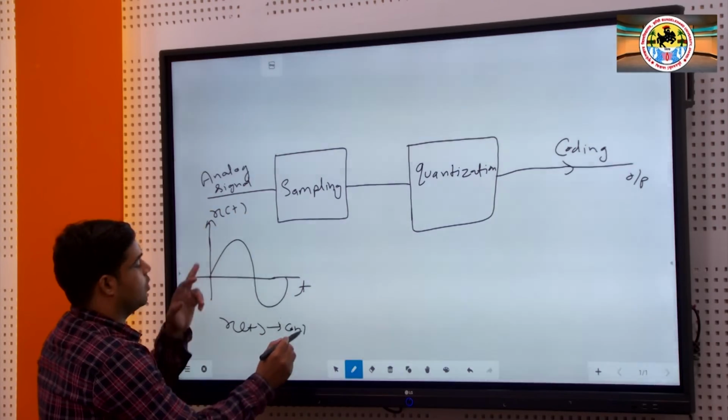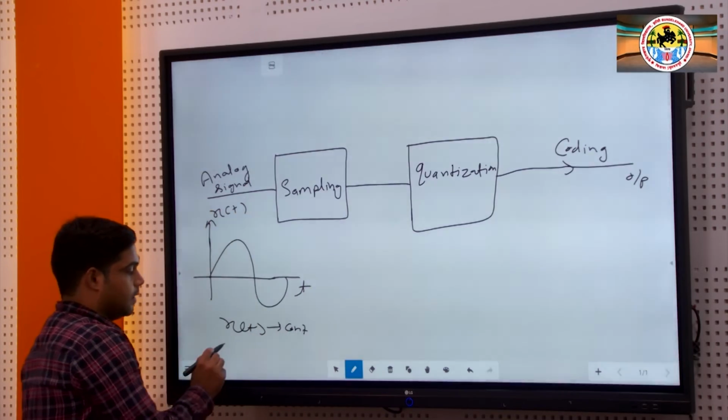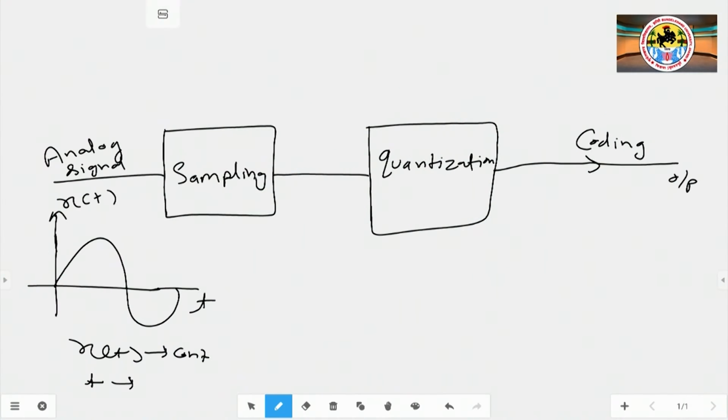The time is continuous. After the sampling, we obtain the discrete signal.